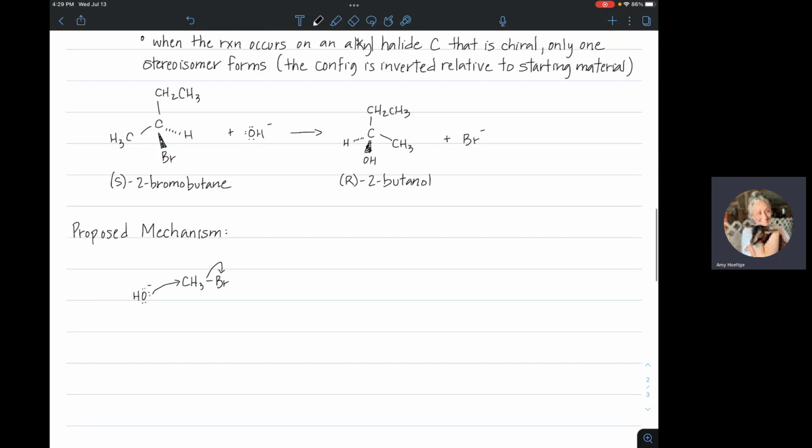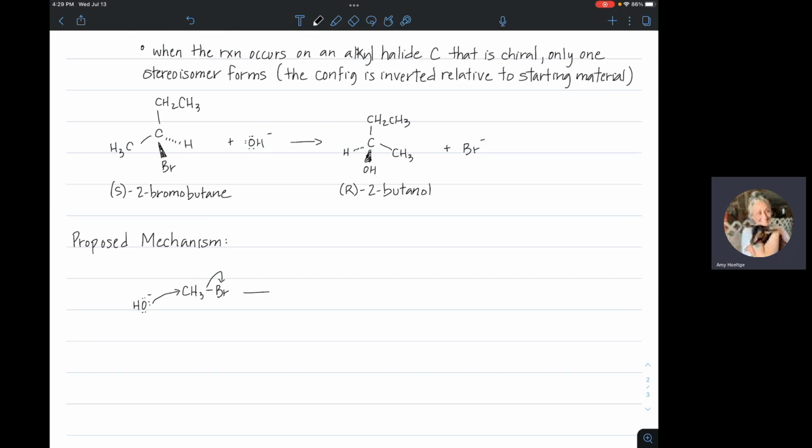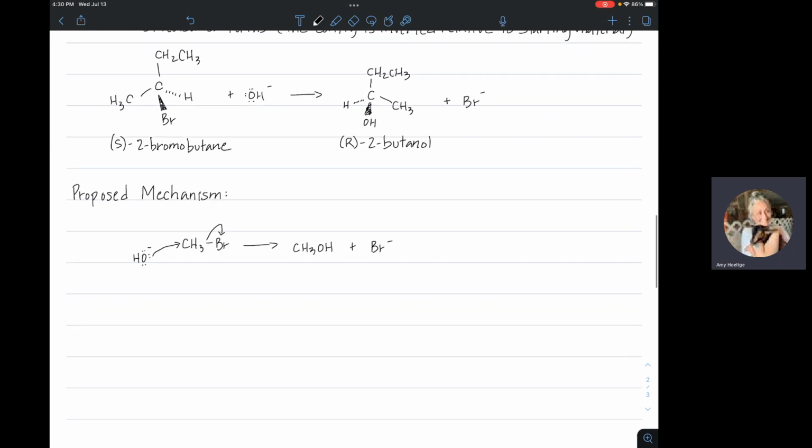And then in order to get that inversion of stereochemistry, we say that the incoming nucleophile needs to attack the carbon from the backside, and the bromide, or the leaving group, needs to leave. So the nucleophile attacks the backside of the carbon that bears the leaving group. Your nucleophile is your hydroxyl group.